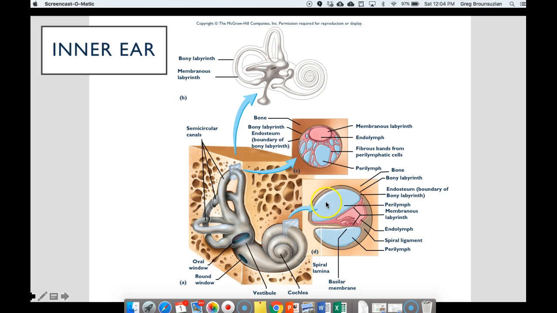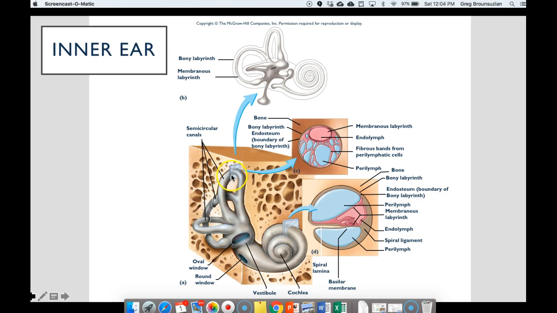But in blue, we can see is represented with perilymph, whereas the middle region that we discussed being the membranous labyrinth, known as the cochlear duct, is filled with endolymph. So endolymph is represented by the pink fluid here, perilymph is represented by the blue.